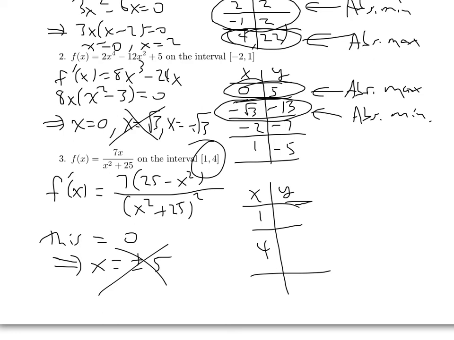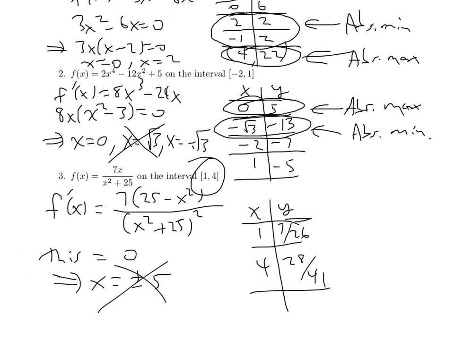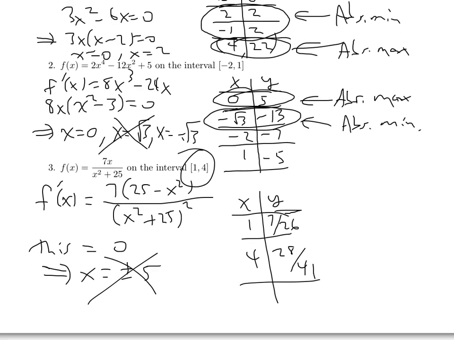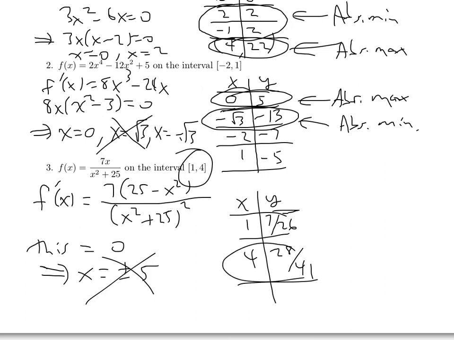So when I go to check my xy pairs, I really am only checking the two endpoints. There's no critical value that needs to be considered. When I put 1 in for x, I will get 7 over 26. And when I put 4 in for x, I'll get 28 over 16 plus 25 is 41, so 28 over 41. So this is the bigger number, so that is my absolute max.